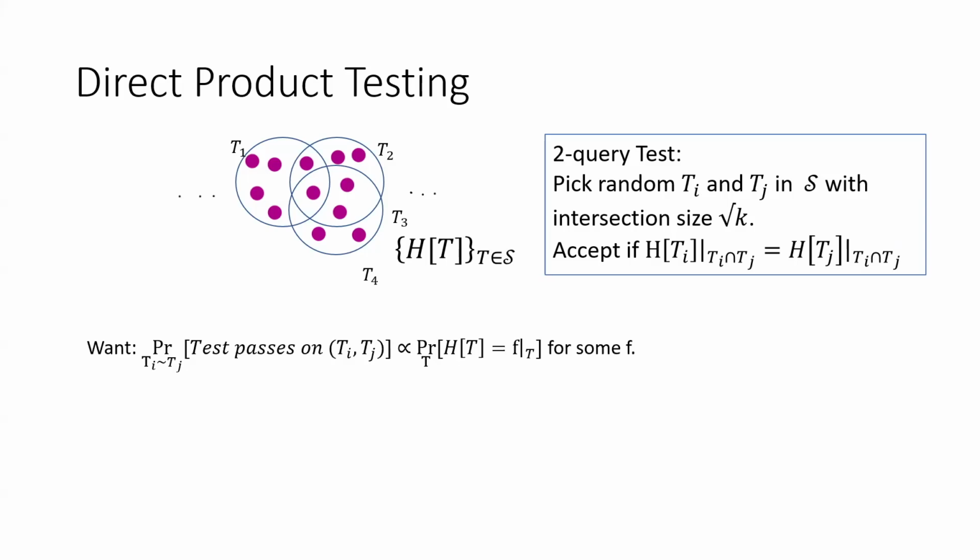So what we want is that if this test passes with some probability, there actually does exist some f for which the probability that h of T is equal to f restricted to T is proportional to the probability that the test passes.